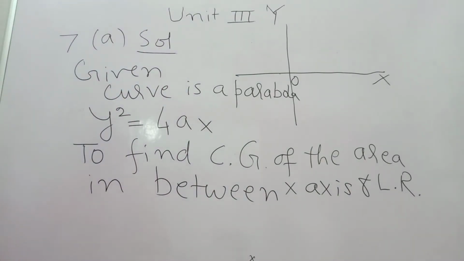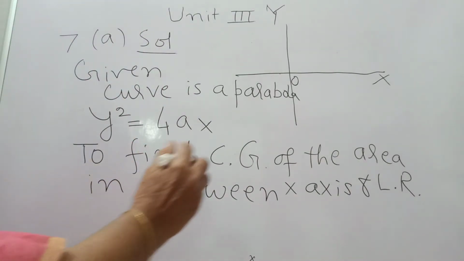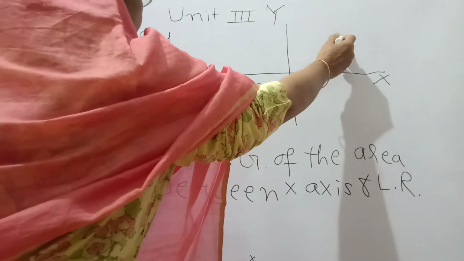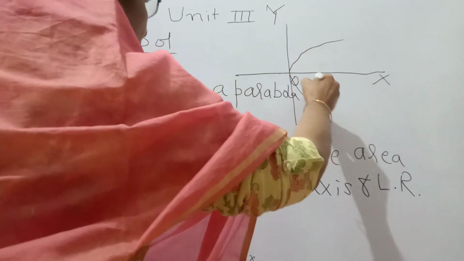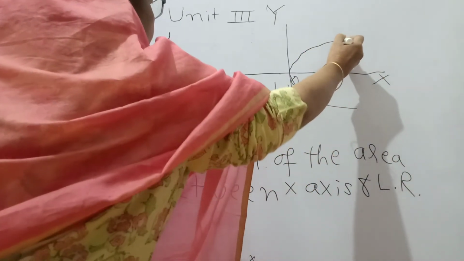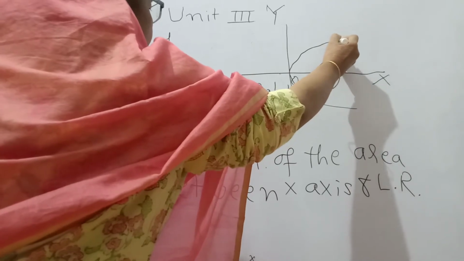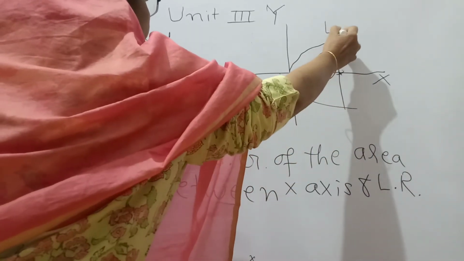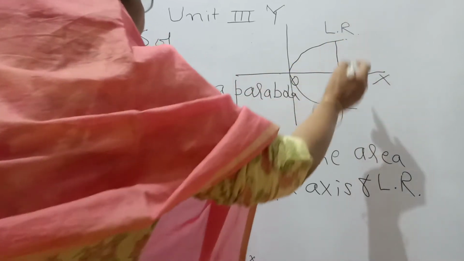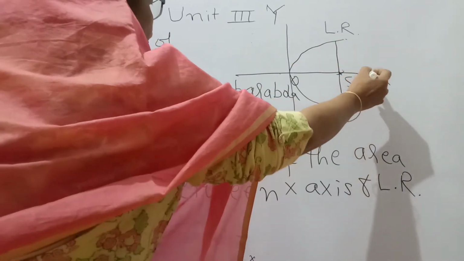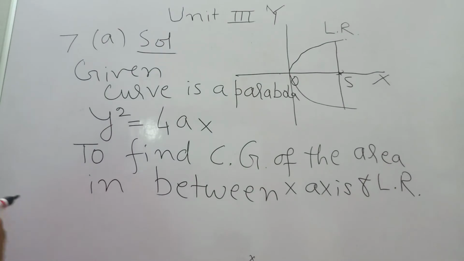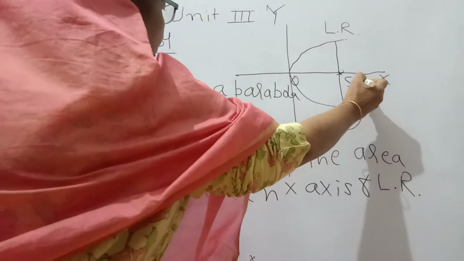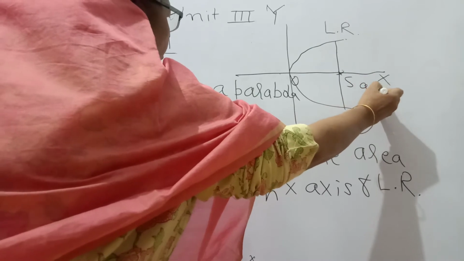Now I hope all of you are familiar with the latus rectum. This is our parabola and this is latus rectum. What is latus rectum? It is a line which passes through the focus.